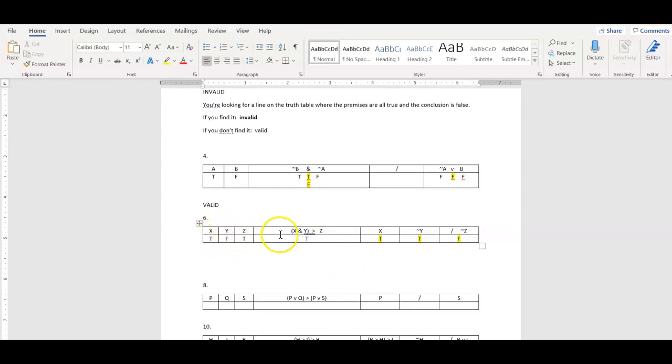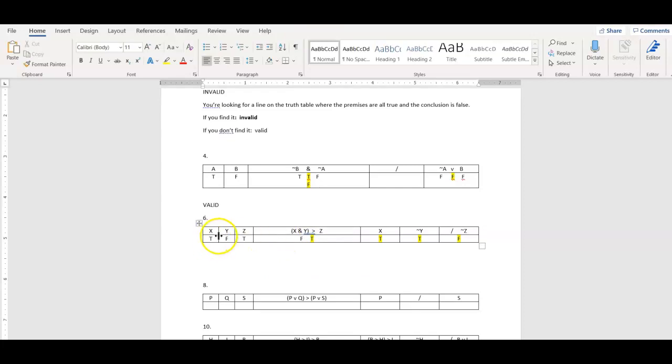So X and Y is a conjunction, but if one of them is false, the whole thing comes out false, right? And now we have a false antecedent, and indeed, if the antecedent of a conditional is false, the whole conditional comes out as true.